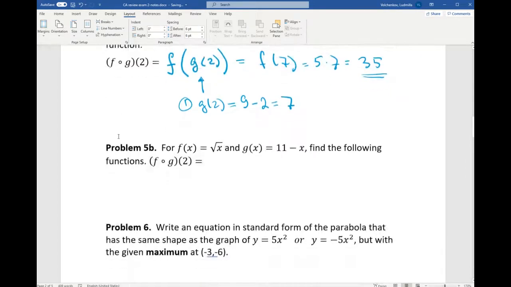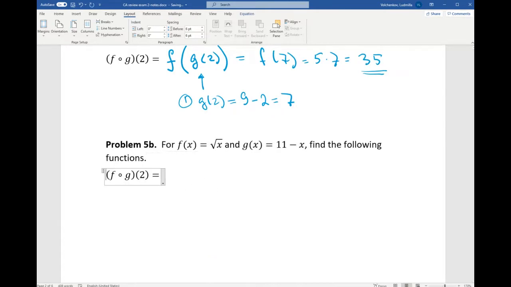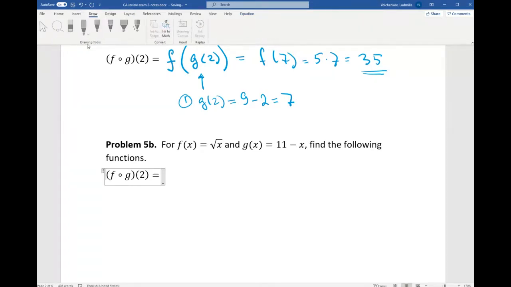Some variants will have different equations, like f of x equals square root of x, g of x equals some linear function. So f circle g means the same thing. We find f at the point g of 2.